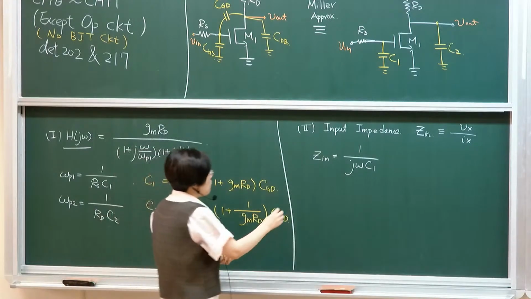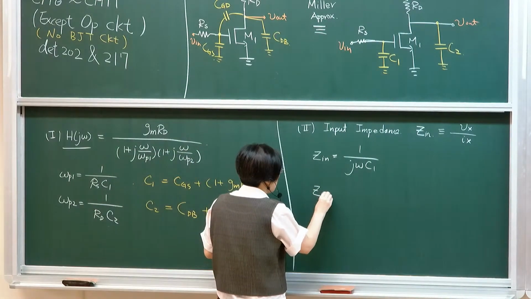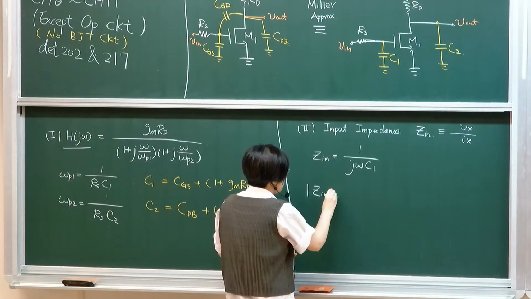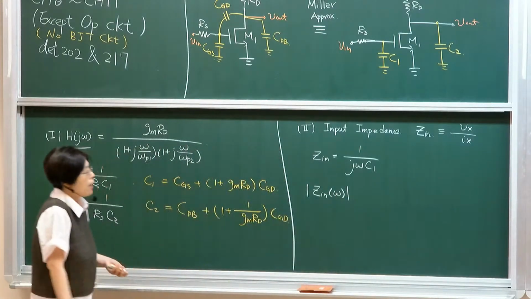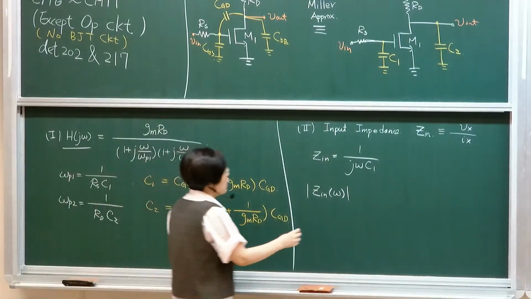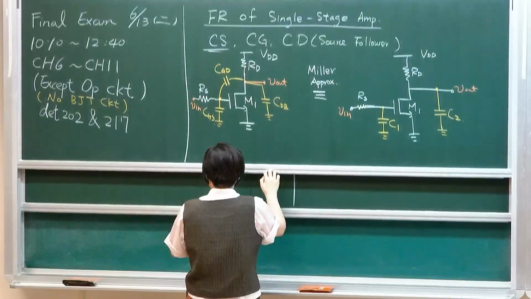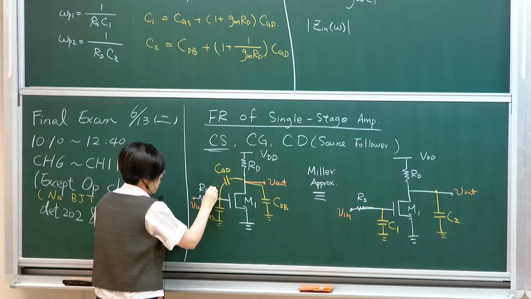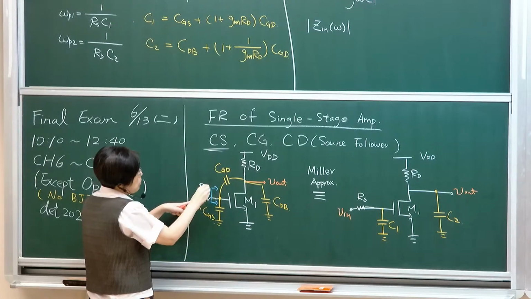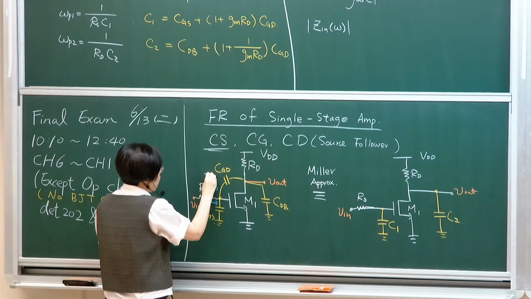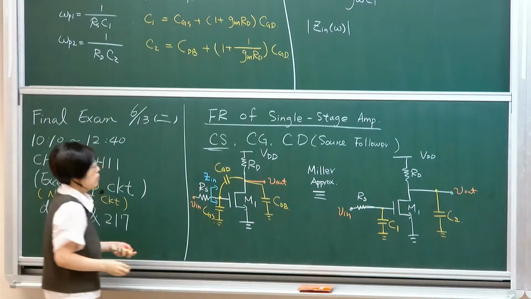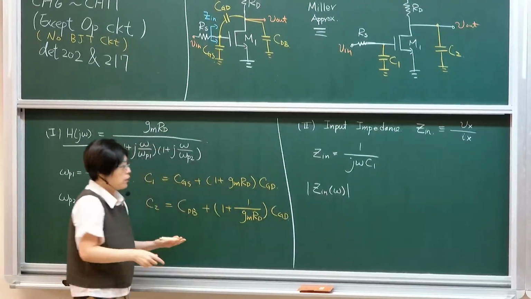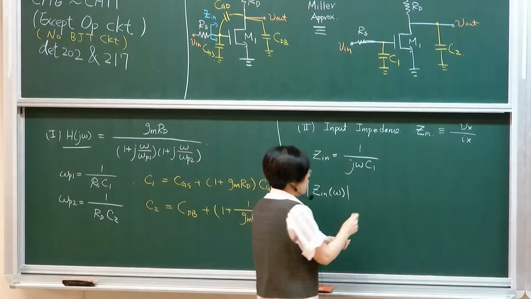Based on this, if I want to plot the impedance as a function of frequency, what will it look like? For input impedance, I mean looking in from here. This is typically from the source, so you don't really consider that a part of your amplifier, Zin. If I ask you to plot this, it will look something like this.